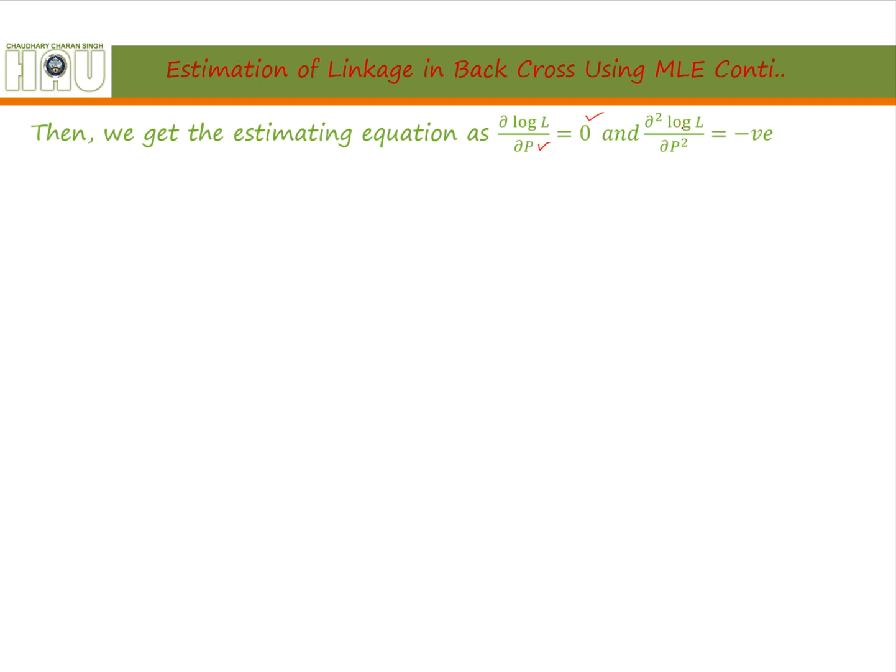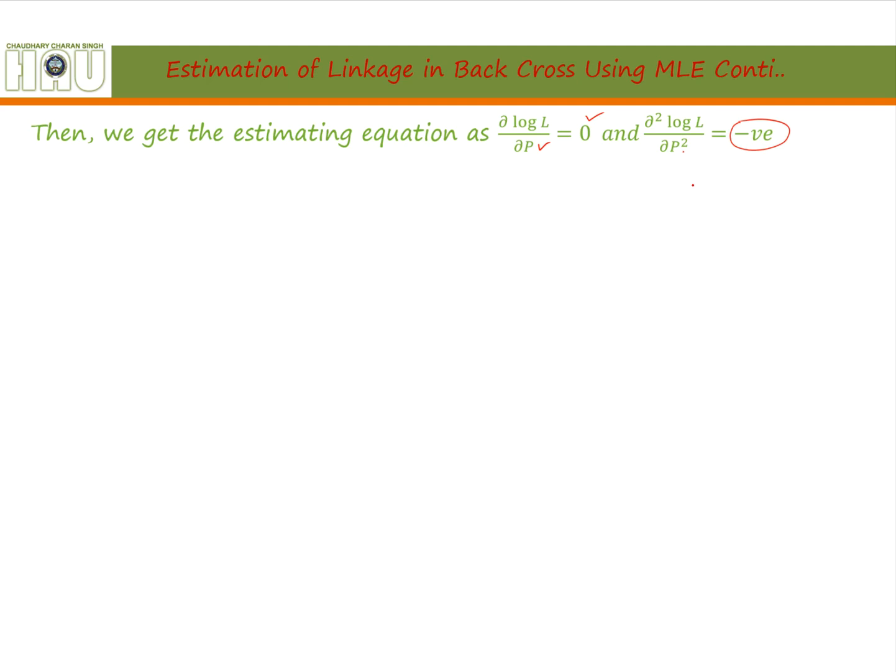Then take its second derivative, and it should be negative. Now there are two phases: one is the coupling phase and the other is the repulsion phase.